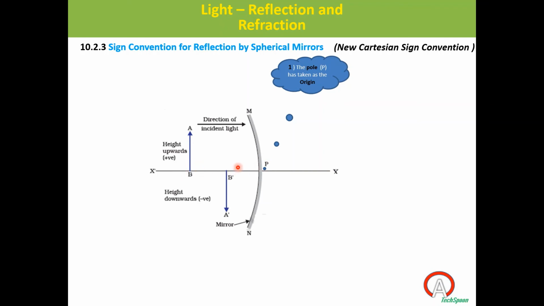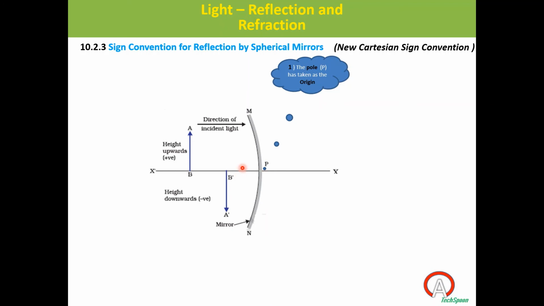Focal length is the length of the focus, how far the focus is from the pole. From the name itself it is clear, right? The distance of the principal focus from the pole is the focal length.